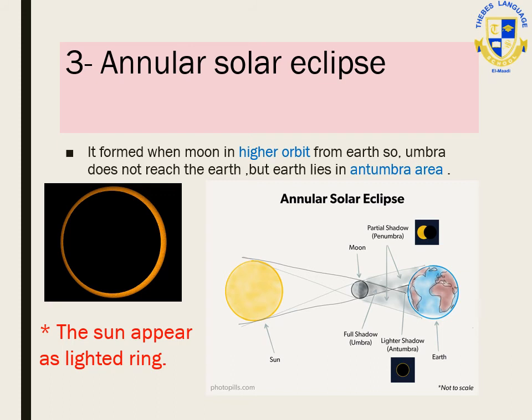This is why, in this case, it is in another part of the shadow, which is called the antumbra. The people who live on Earth in this antumbra region will see the sun as a lighted ring, and this is what we call an annular solar eclipse.